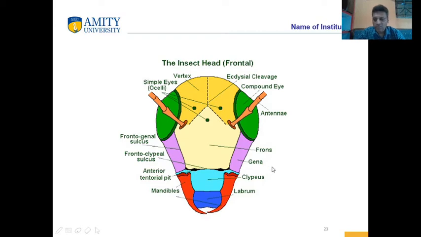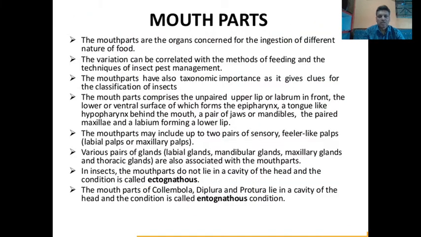So let us go to the mouth parts. The mouth parts are an important part of the digestion of insects. They take their food materials through the help of mouth parts. Mouth parts lie in a cavity of the head, and different types of conditions are there: ectognathous and entognathous.